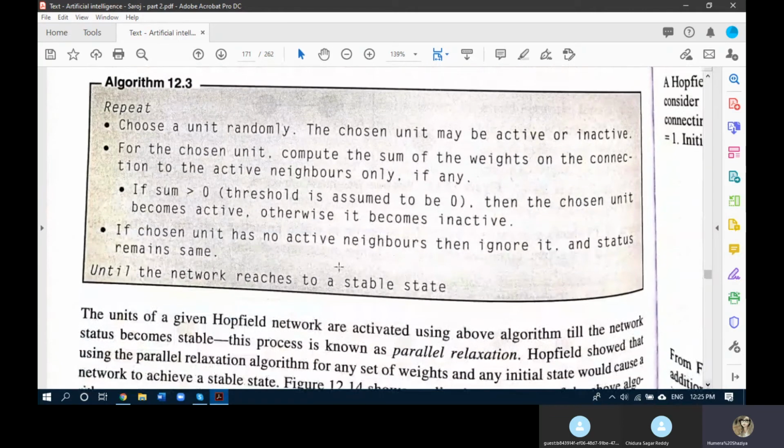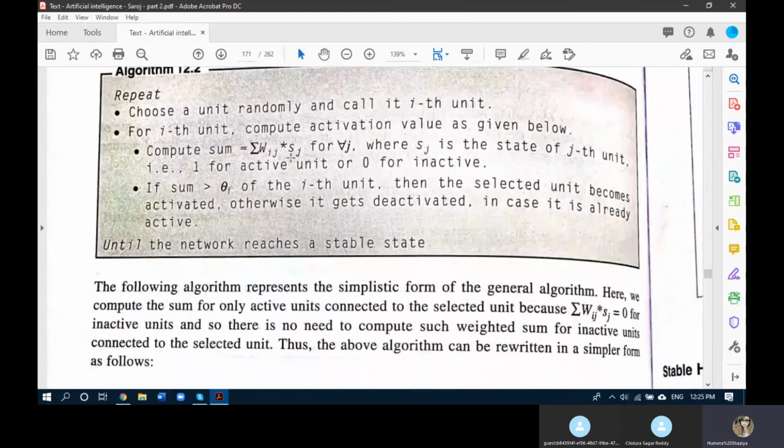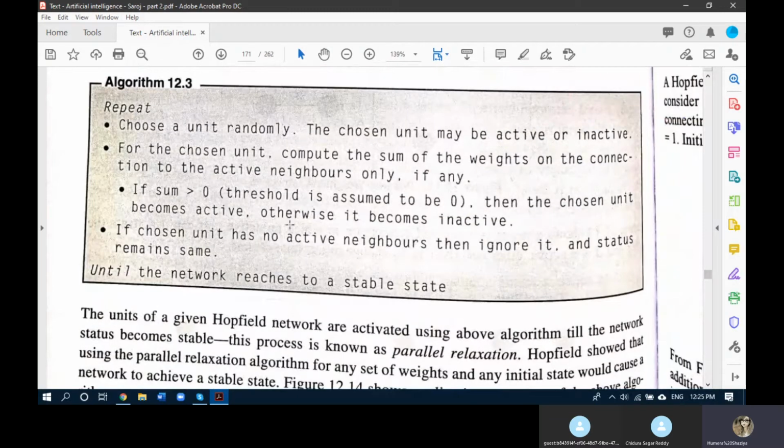For instance, choosing a unit randomly is the same. For the chosen unit, compute the sum of the weights. What happens here is, instead of putting a formula, its description has been included in the simpler version of the algorithm. Both algorithms are the same. There you use a formula, here you use the text.